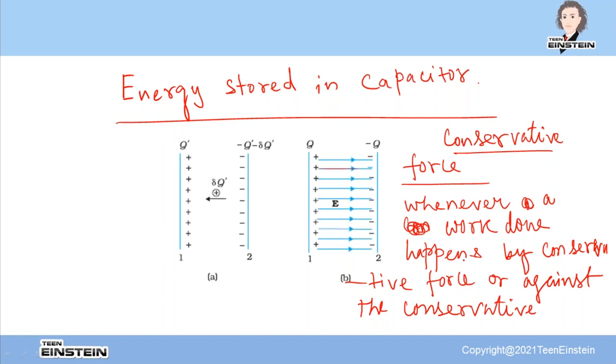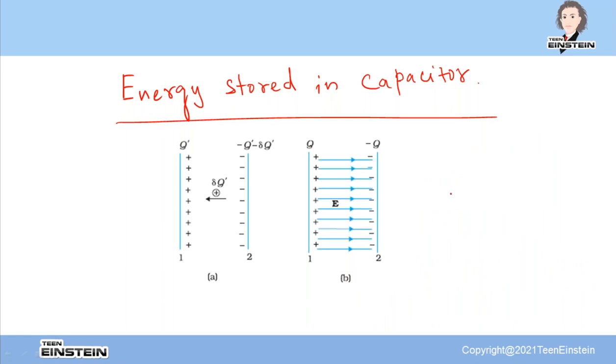If you ask me, I'll give you one simple example. Suppose I have an object over here. The acceleration due to gravity is always downward, right?